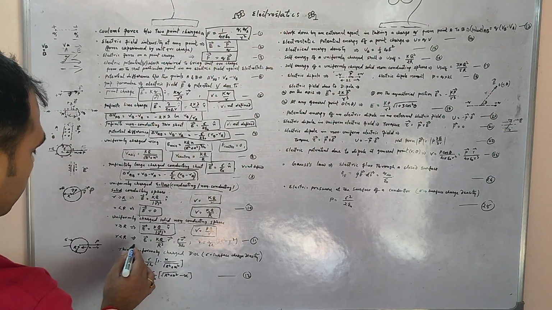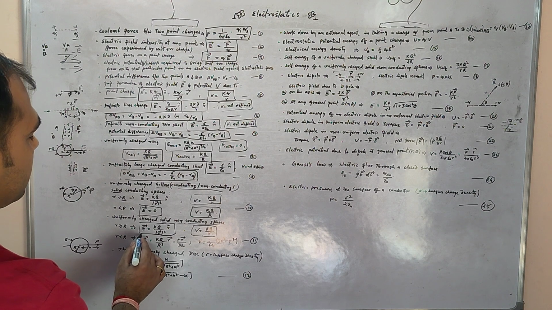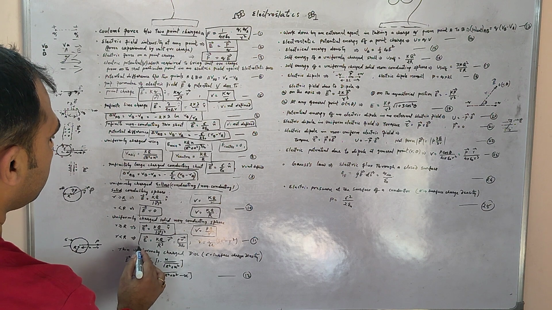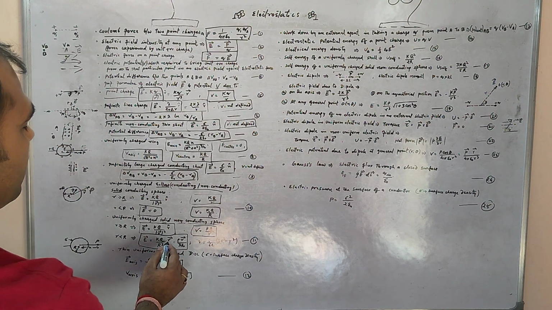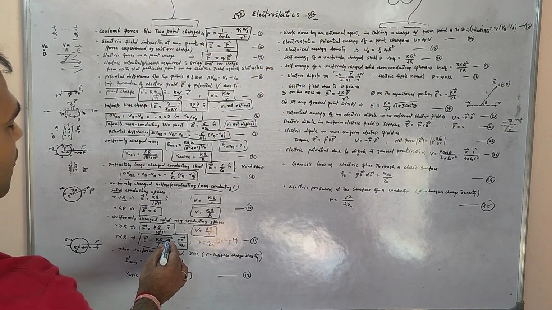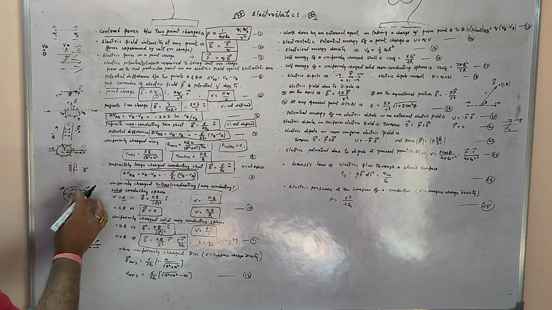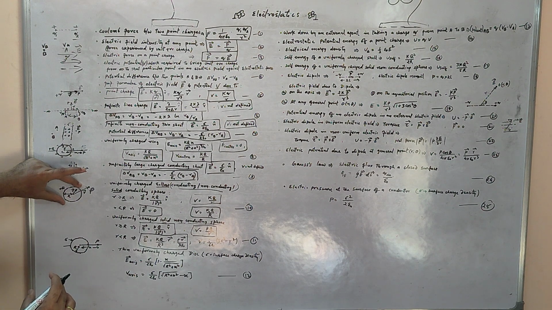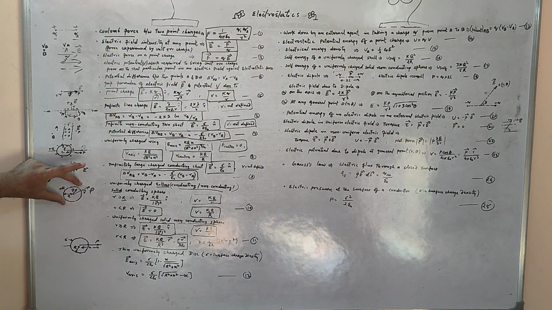But if r is less than radius, then electric field will be this, kq by R cube times r, where r is the position vector. Now this is a solid non-conducting sphere, r is less than R, and this is the position vector r.